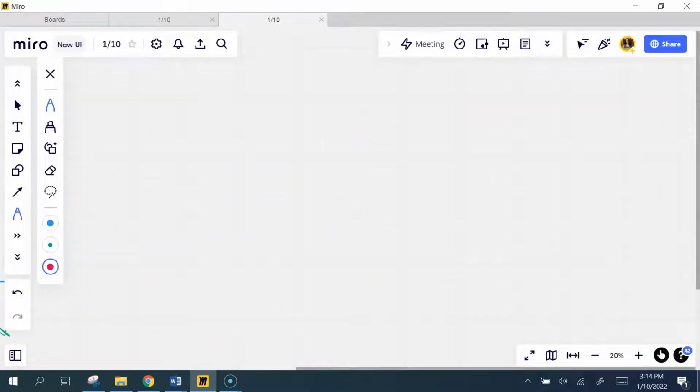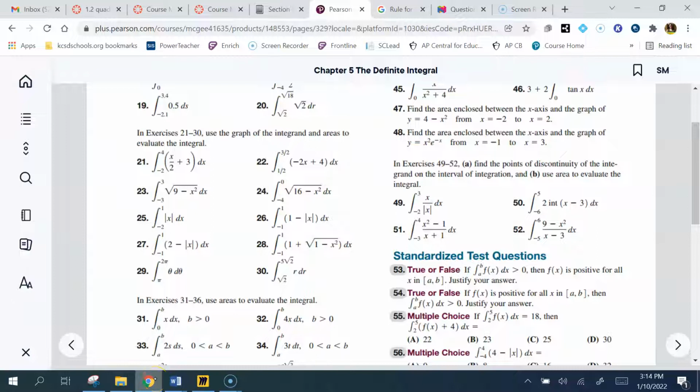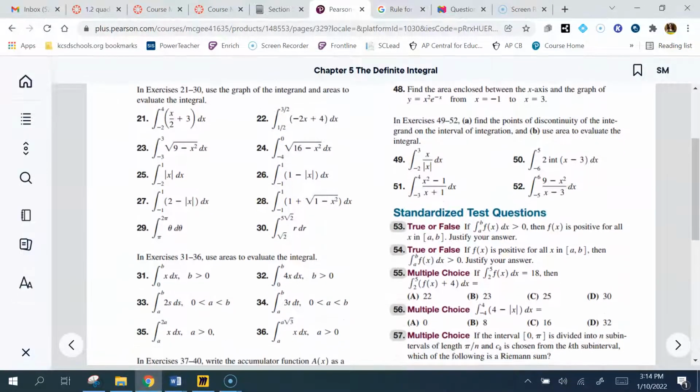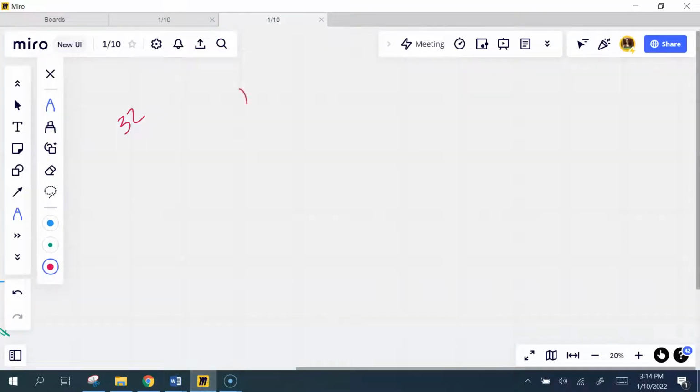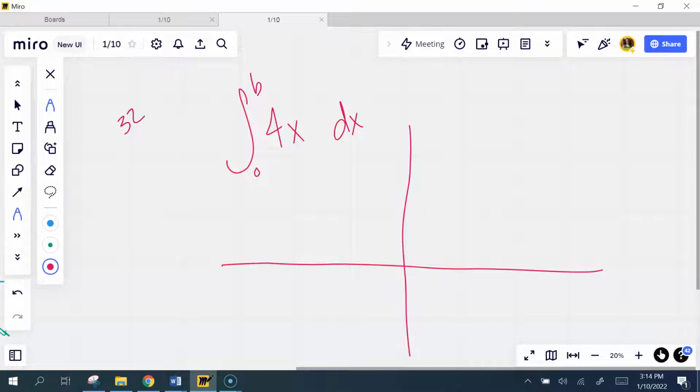All right, let's look at 32. Let's see. Oh, 32 is a good one. All right, the integral from 0 to b of 4x dx. So this is where I really have to start generalizing, right? So let's graph the function first. So I'm going to do 0, 0, and then it's got a slope of 4.